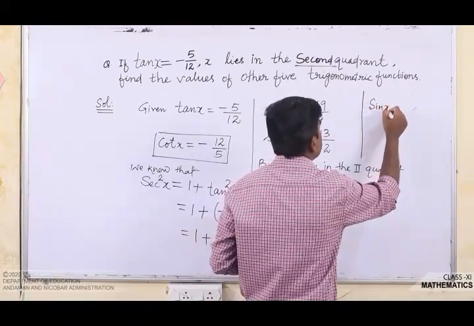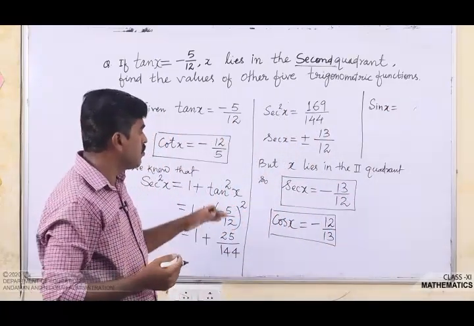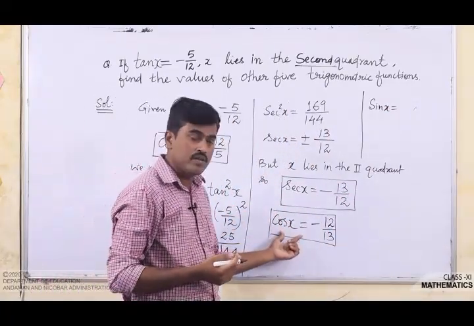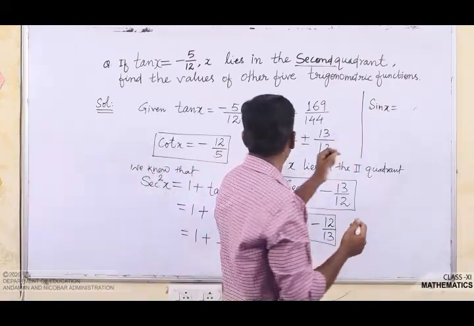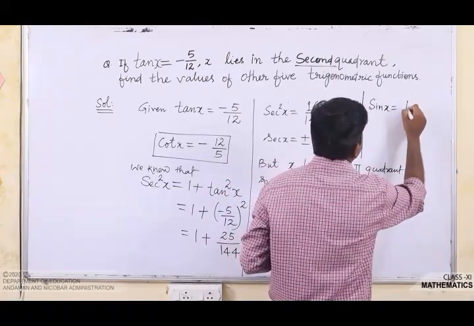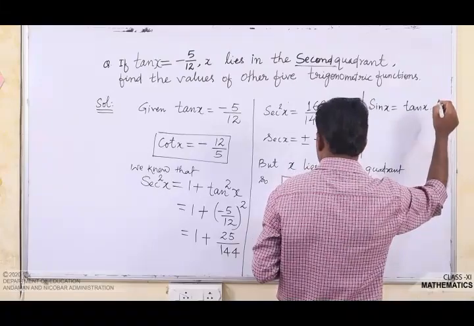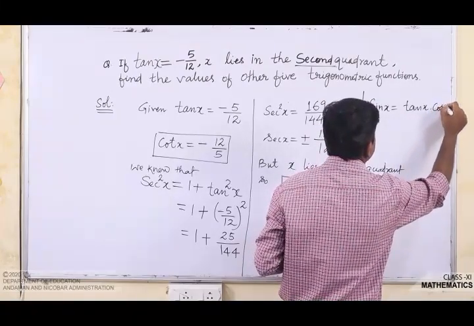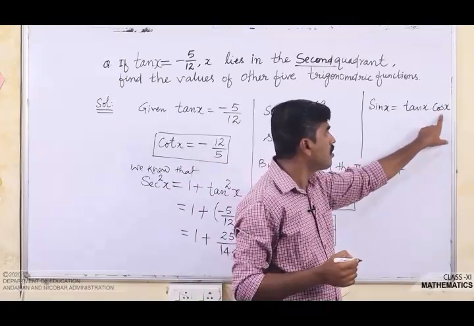Here for sin x, we can also use the formula sin square x is equal to 1 minus cos square x, because we know the value of cos x. But we can also find it in this way: we can write sin x as tan x into cos x. Is it correct?